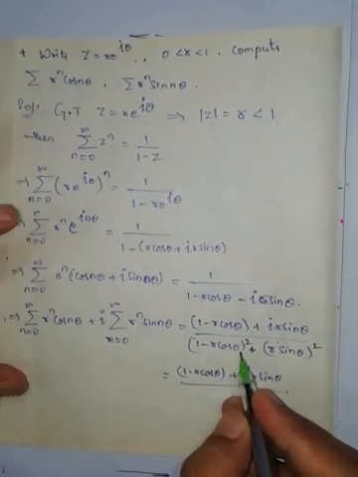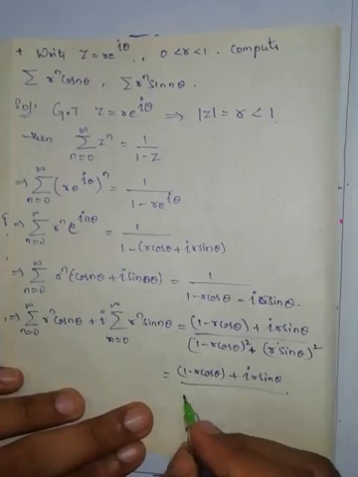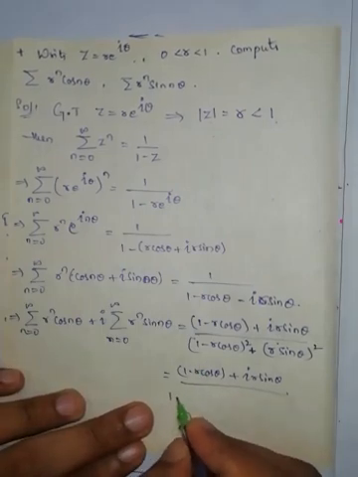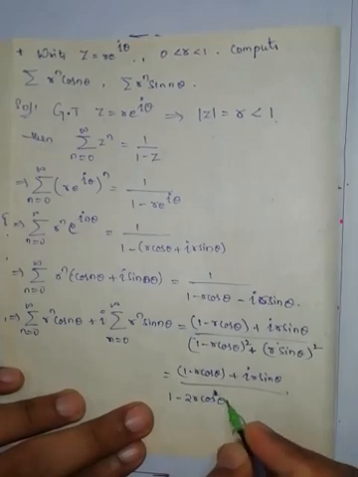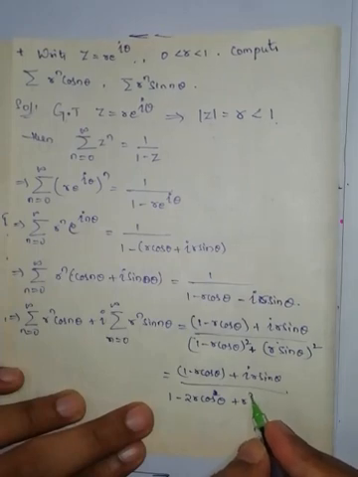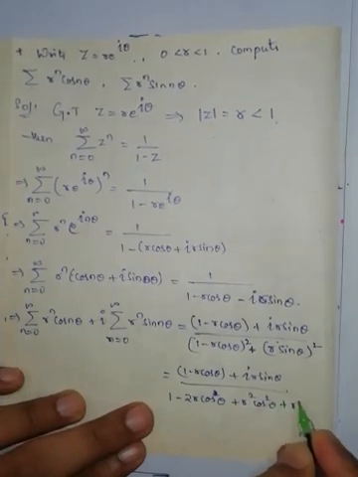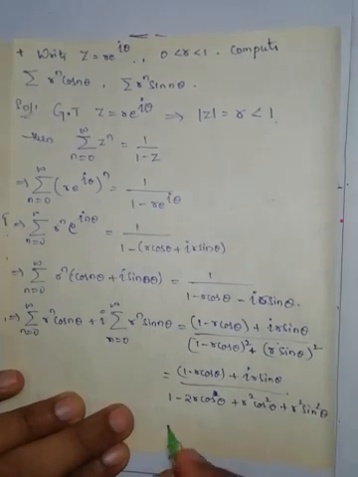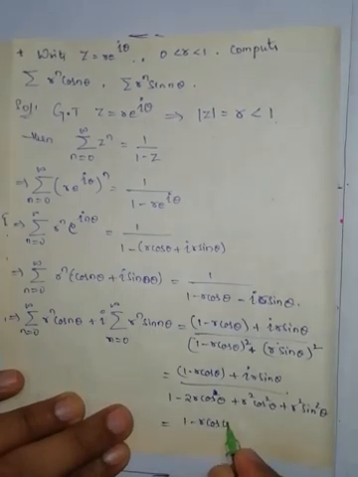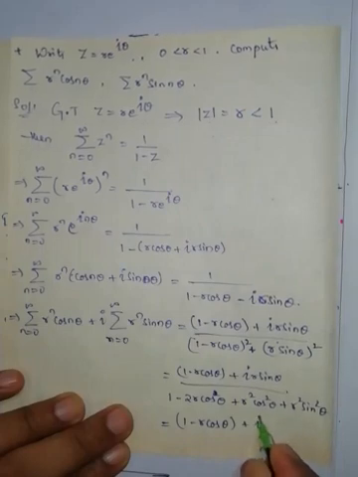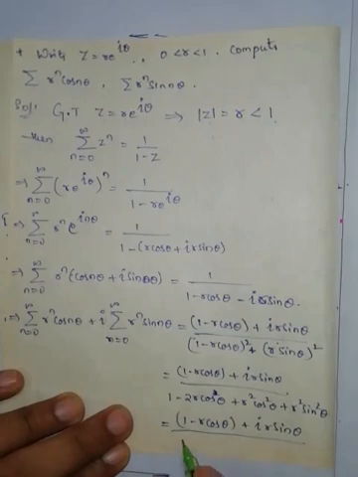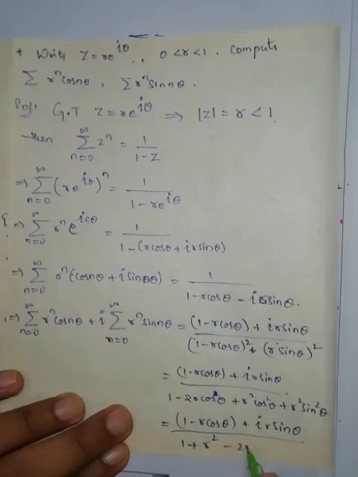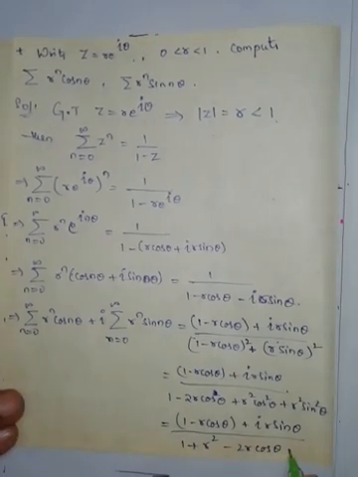It is in the form of a minus b whole square, which becomes a square minus 2ab plus b square, plus r square sin square theta, which is equal to 1 minus r cos theta plus iota r sin theta by this one becomes 1 plus r square cos square theta plus r square sin square theta becomes r square, minus 2r cos theta.